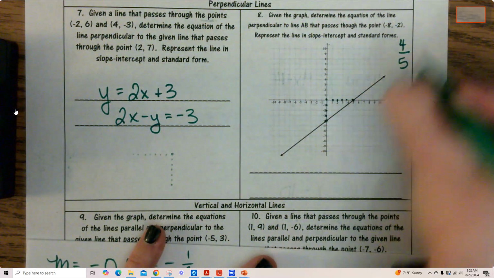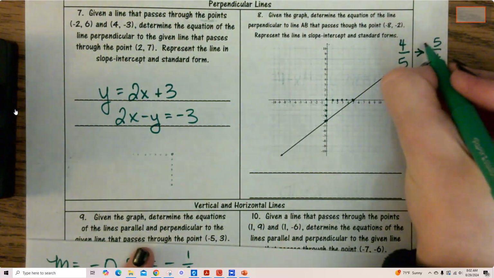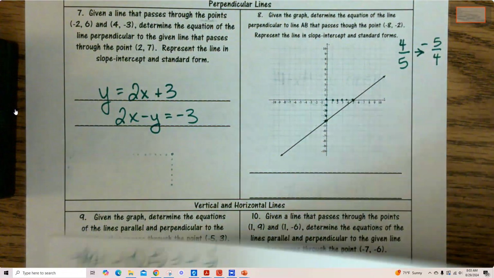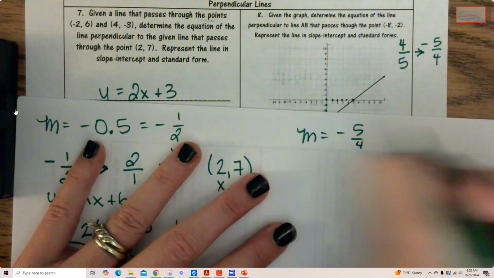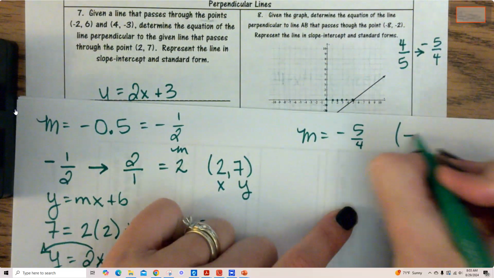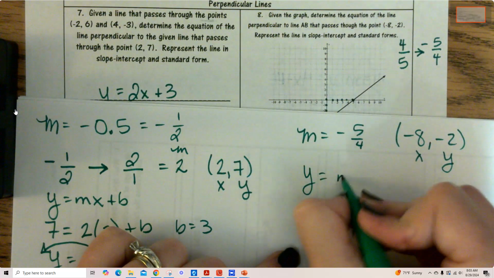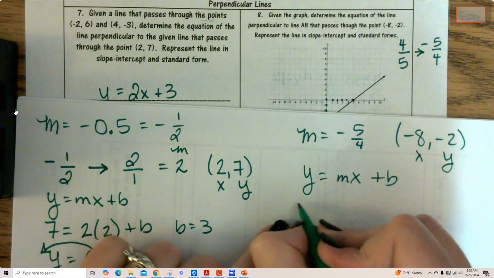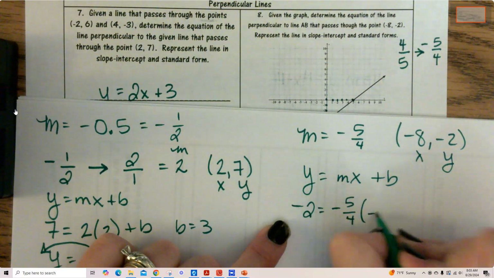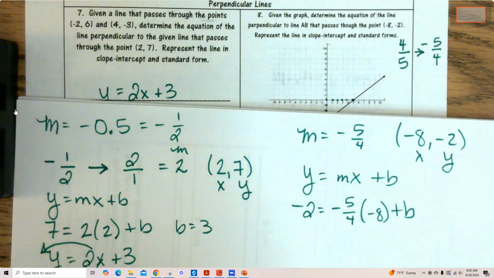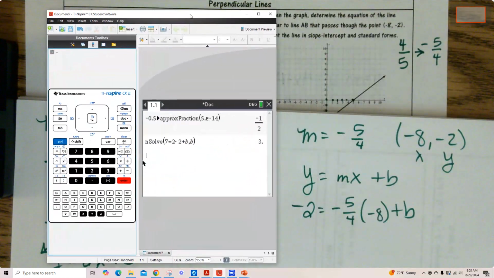For the perpendicular line, flip it on its head. You just take the fraction, flip it and change the sign. So we have a slope of negative 5 over 4, and then we've got this ordered pair. In slope-intercept form, y is negative 2, m is negative 5/4, x is negative 8, plus b.